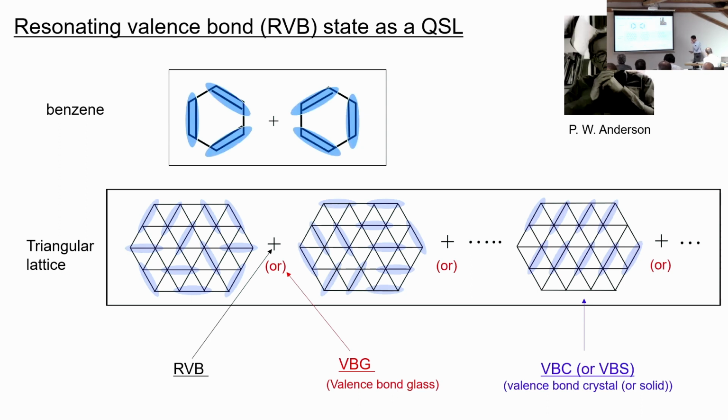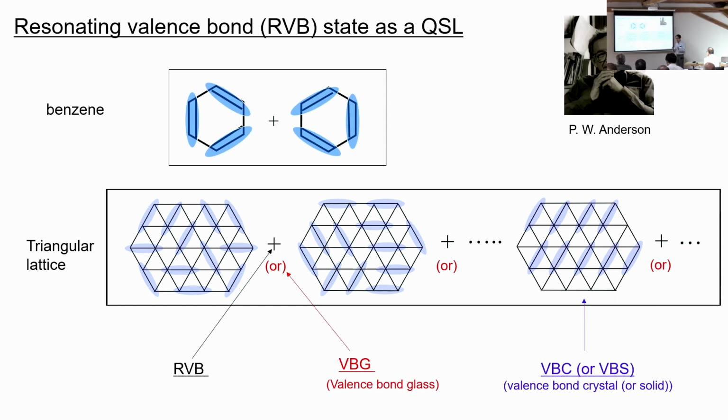First, this is a very famous and well-known cartoon, which depicts the RVB, resonating valence bond state, proposed by Phil Anderson. The essential feature of the RVB is that it's exactly the same as benzene.